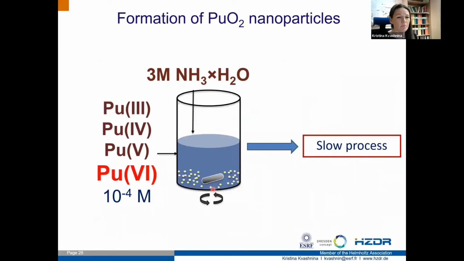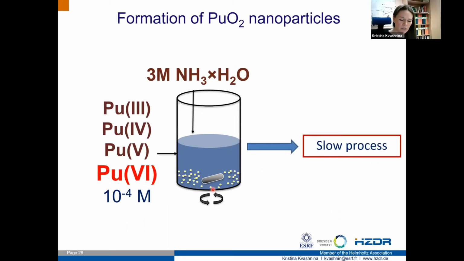But the big surprise came when we started to make nanoparticles from plutonium 6 solution. In that case, the reaction is much slower. It takes several months before you are able to make nanoparticles.